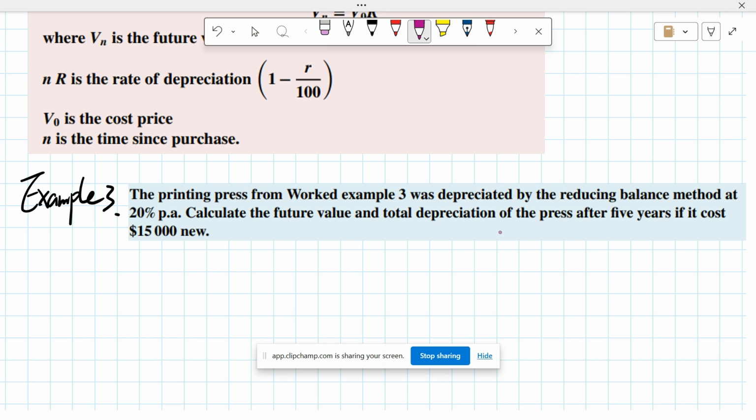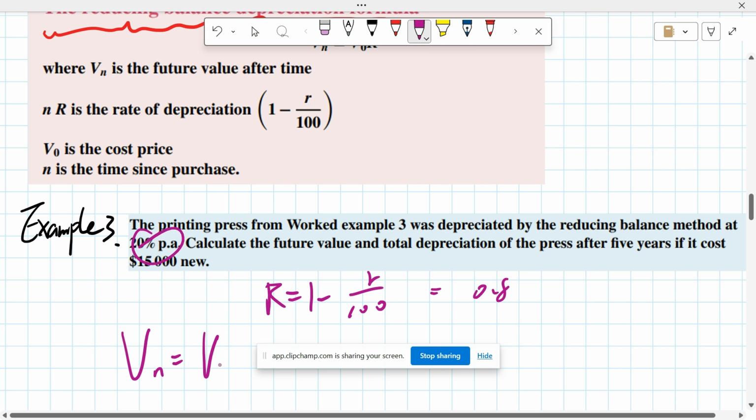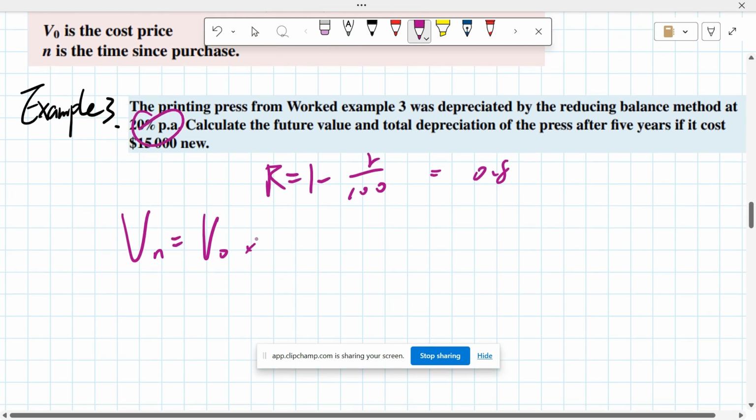Using the reducing method, r equals 1 minus r divided by 100, which equals 0.8. That's what we have. And Vn equals the new price, which is V0 times r to the power n.